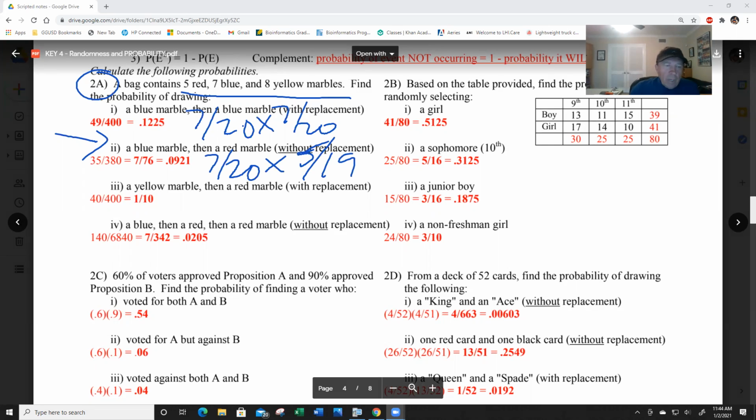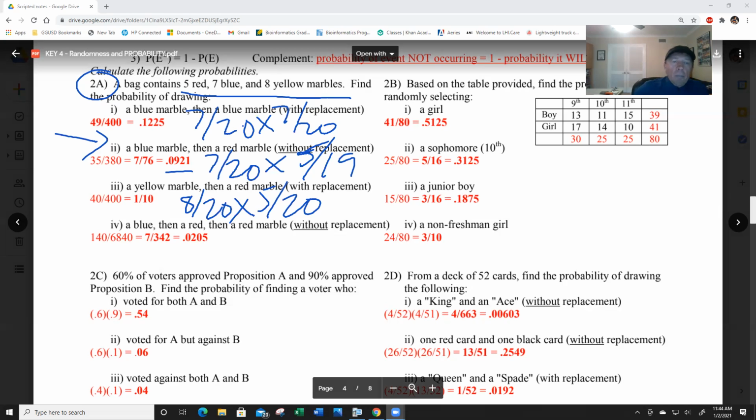And you see the answer right here, okay, which I've underlined. A yellow marble, then a red marble with replacement, no problem. Yellow marble would be 8/20, then a red marble, 5/20. There's your answer.